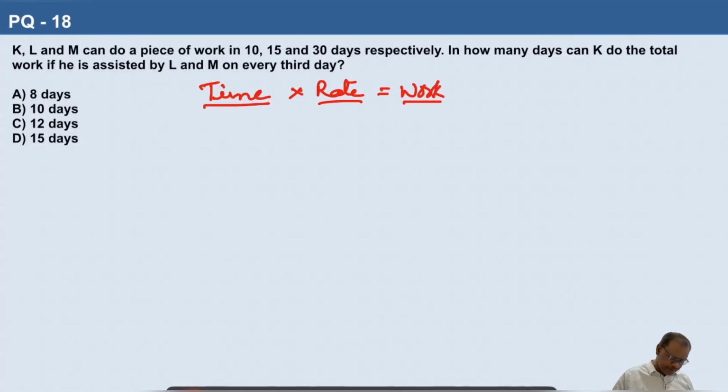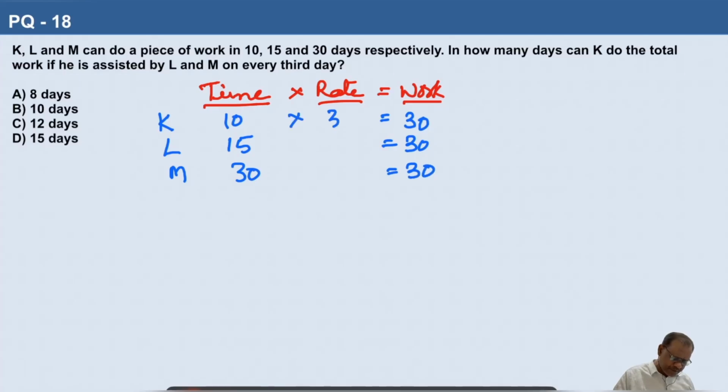So we have 3 people here, K, L and M. They will take 10 days, 15 days and 30 days. LCM is 30. 30 is divisible by 10 three times, by 15 two times, and by 30 one time.